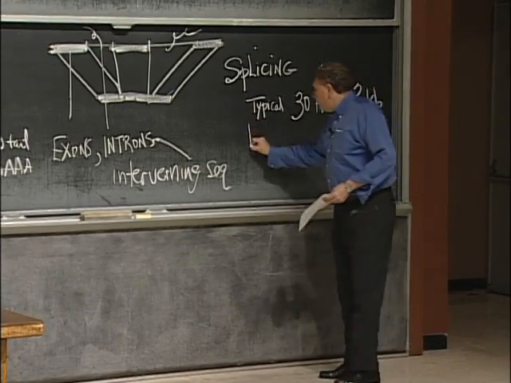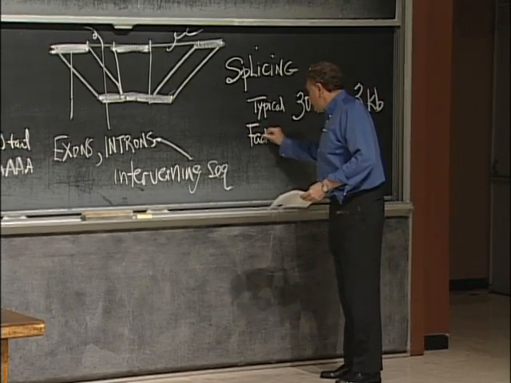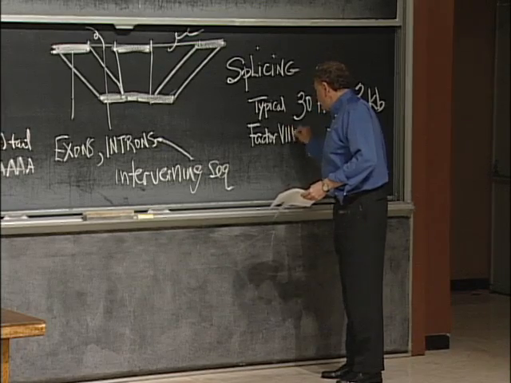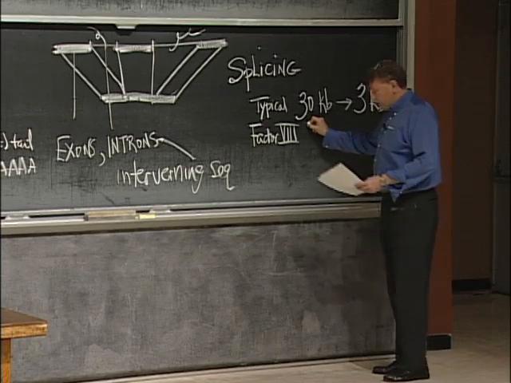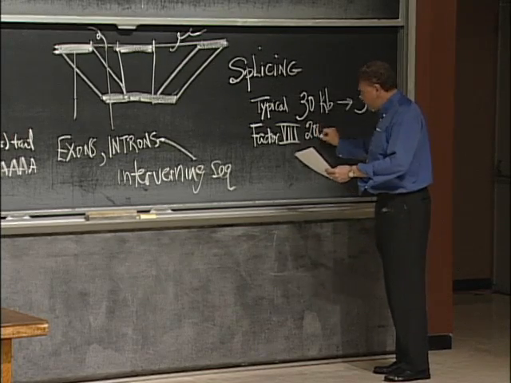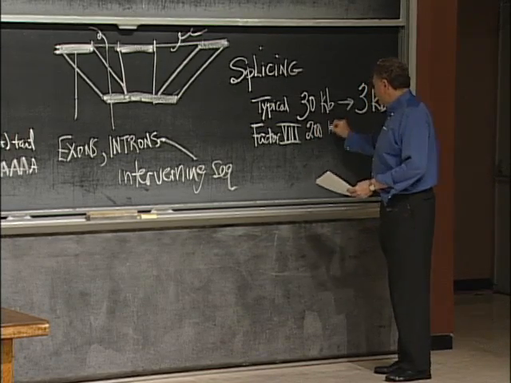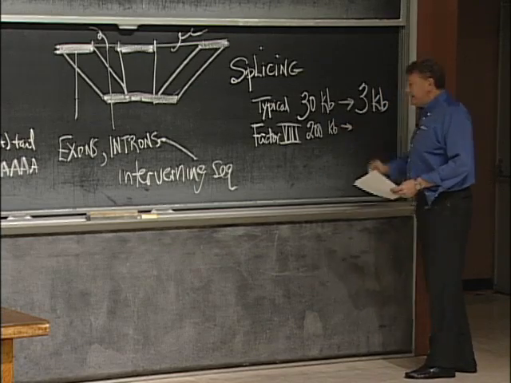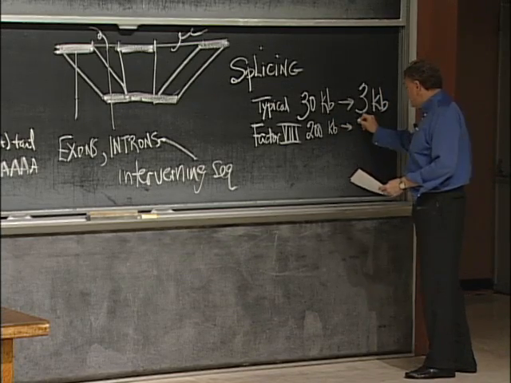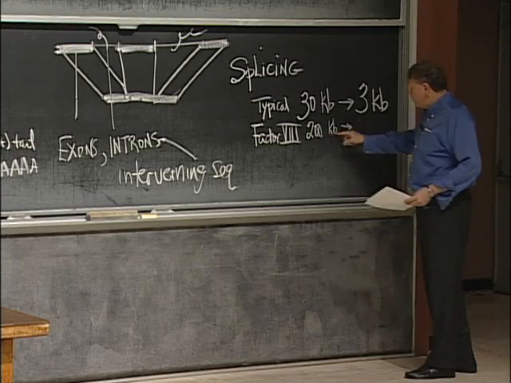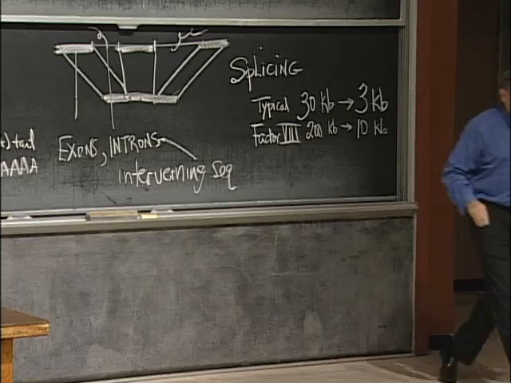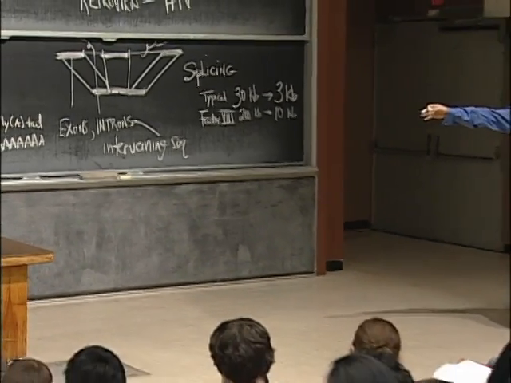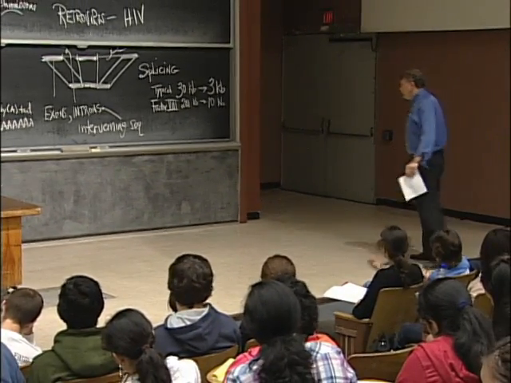But for example, the factor VIII gene that encodes the factor that hemophiliacs lack starts off with 200 kilobases, 200,000 bases, and all but 10,000 are cut out. So it starts off 200,000, you throw out 190,000, you get down to 10.